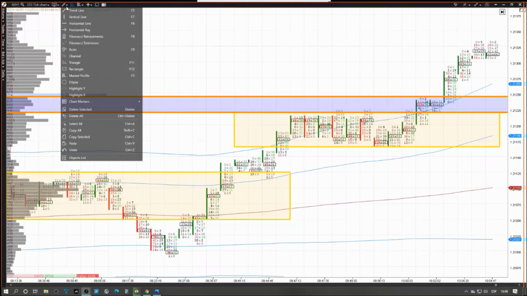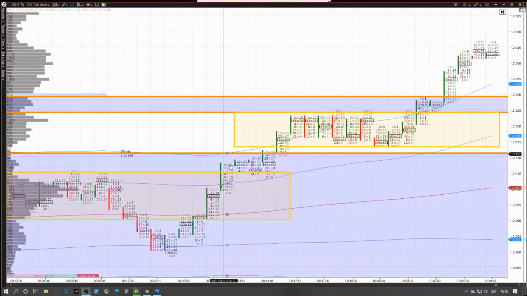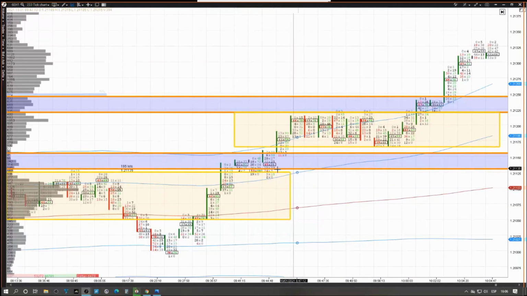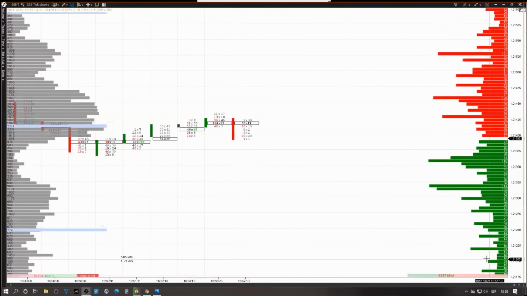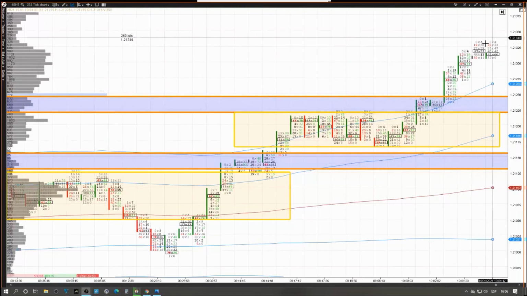And we can highlight below this one right here, okay? So these would be the breakout areas, right? And we can see the volume is thinner in these areas because the market tends to fill these empty areas. So what happened when the price broke up?